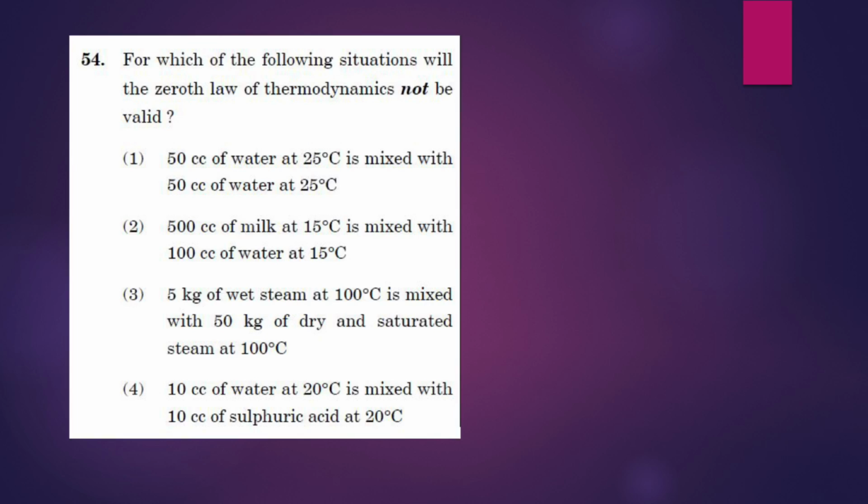Then 500 cc of milk at 15 degrees Celsius mixed with 100 cc of water at 15 degrees Celsius. This is also correct, no chemical reaction. Then 5 kg of wet steam at 100 degrees Celsius is mixed with 5 kg of dry and saturated steam at 100 degrees Celsius. This is also correct.